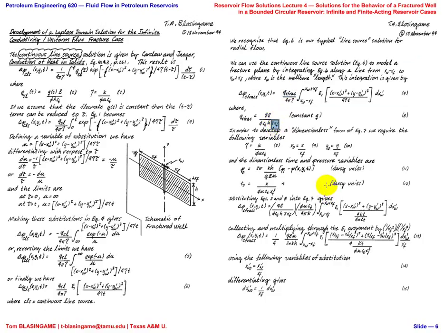The reference length, or the characteristic length, is now 2xf because we assume 2 equal length components. We're integrating from xw to xf and from xw to minus xf, which makes sense. And then, of course, we're integrating that line source solution that we just talked about. So we're taking this solution and essentially substituting it into an integral across that line.